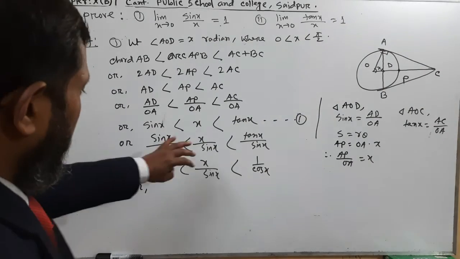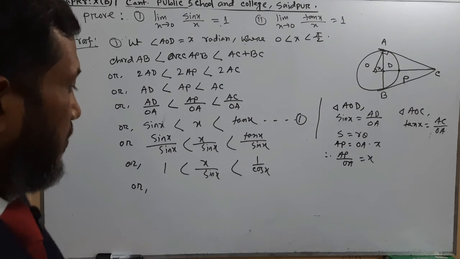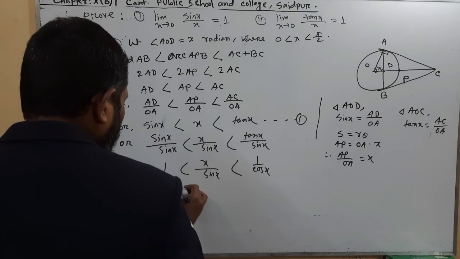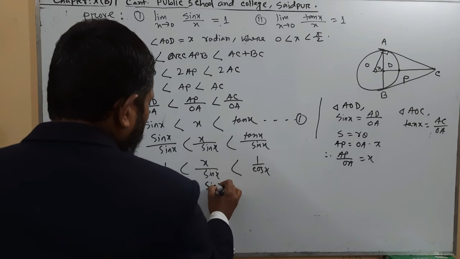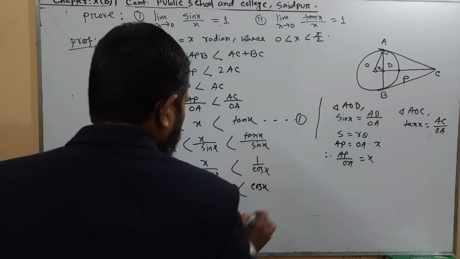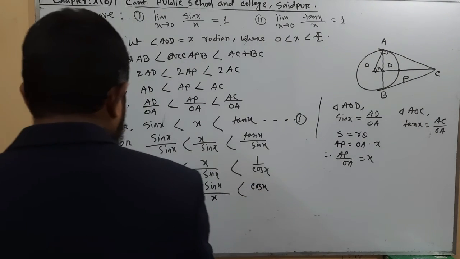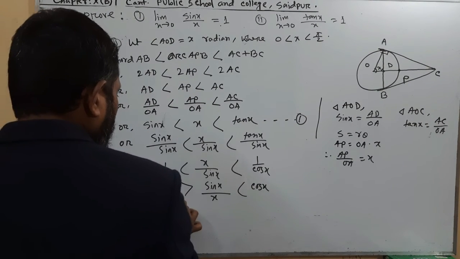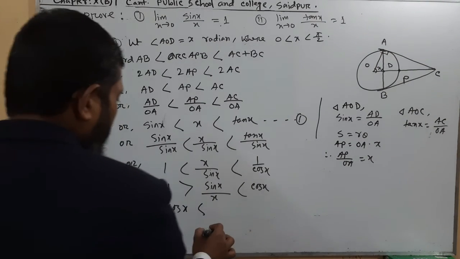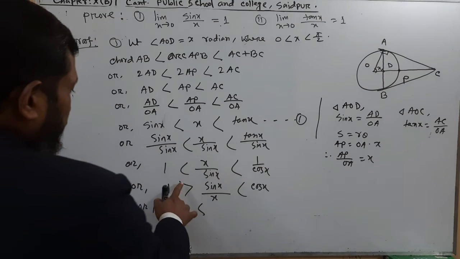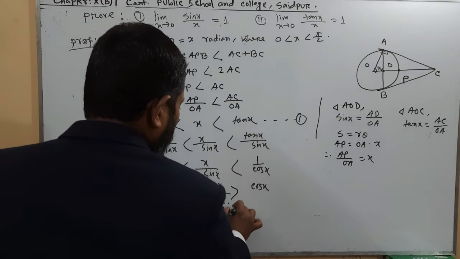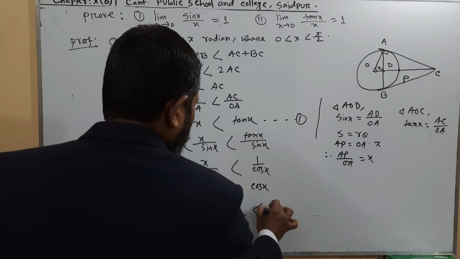If we reverse, that is if we write the fractions inversely, we get 1, sin x by x, cos x, or cos x is less than sin x by x, which is less than 1.